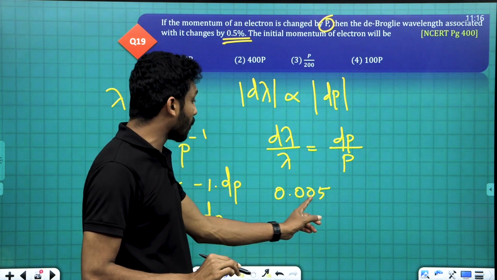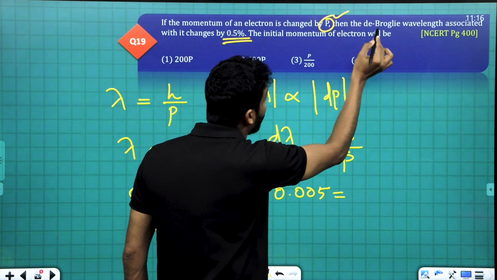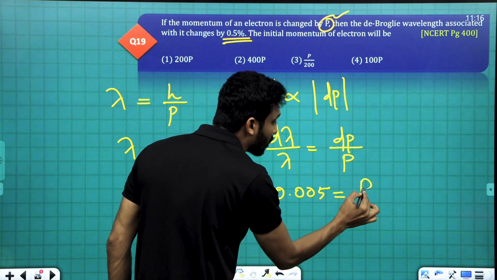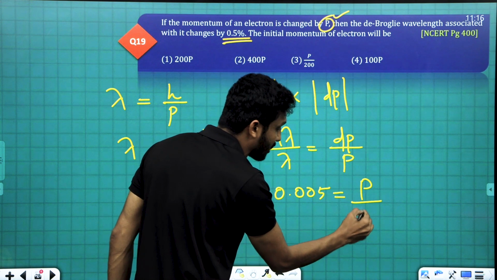So 0.005 is equal to the change in momentum given in the question, P, divided by the initial momentum.